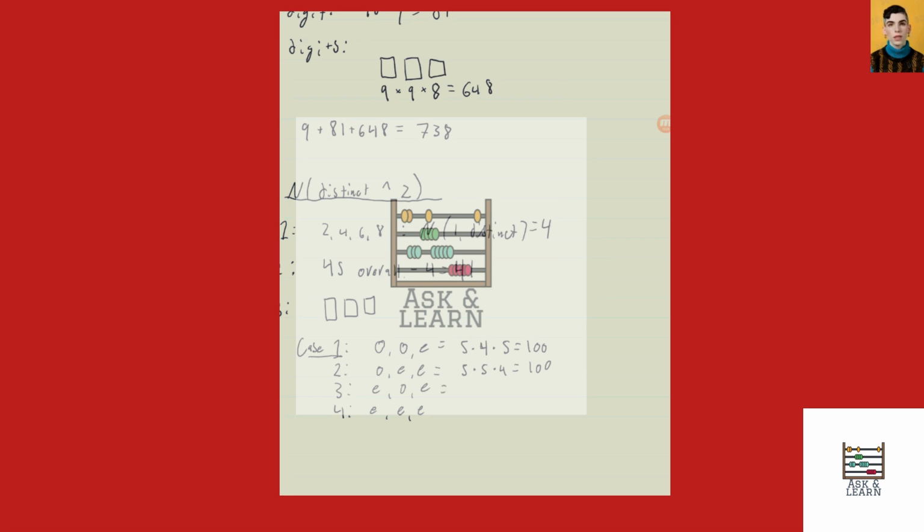Then in the even, odd, even case, rather, we would have 4 that we can choose from for the first digit. Then we would have 5 that we can choose for the odd in the second digit. And then we would have 4 that we can choose from in the final digit. That's because this first digit can only be between, in this case actually starting out at 2, up to 8.